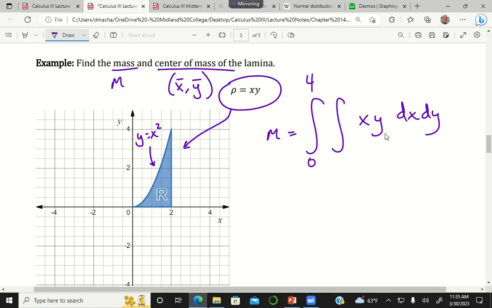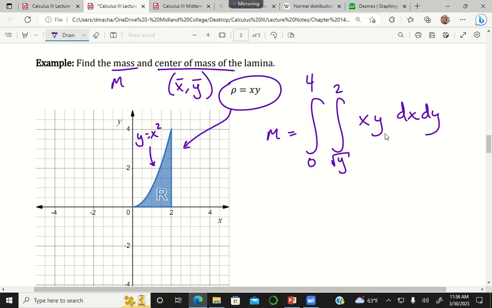And if I let my y be anywhere between 0 and 4, then my x values have to be anywhere between square root of y and 2. Because here the square root of 4 would be 2, and here the square root of 0 would be 0, and everywhere in between the square root of y, you have to just turn your head over to the side and think about how x is a function of y, and that's how you ended up getting the lower bound.